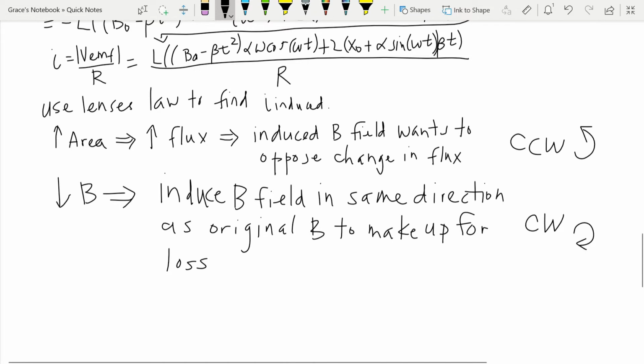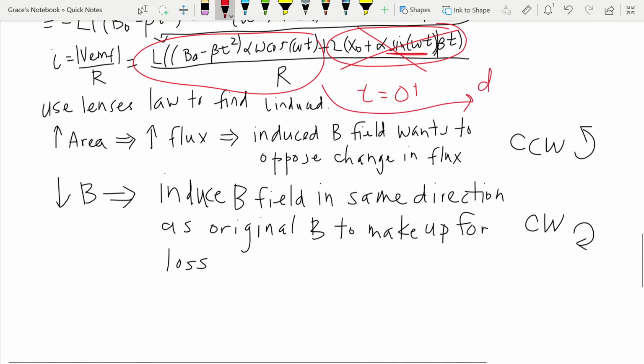But we're able to disregard the effect of the change in the magnetic field, because if we look at our current equation, we see that B times dx over dt is a function of cosine, while x times dB over dt is a function of sine. And so when we have a small value of t, such as 0 plus, the sine term is going to disappear, and we're only going to be left with the first term, which is L times B dx over dt.